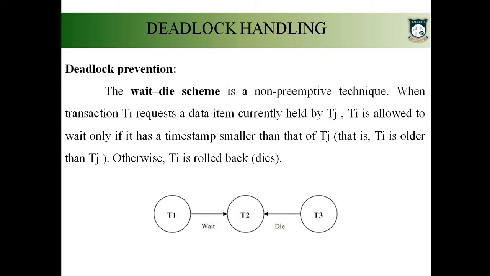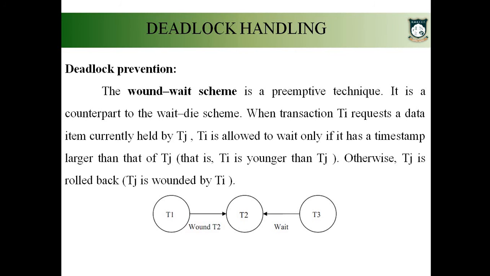When we say non-preemptive, it means that this protocol is not going to disturb any executing transaction. When a transaction is already executing and another transaction is requesting the lock, because of your request, it is not going to disturb any other transaction which is already in execution. Such an approach is called non-preemptive.